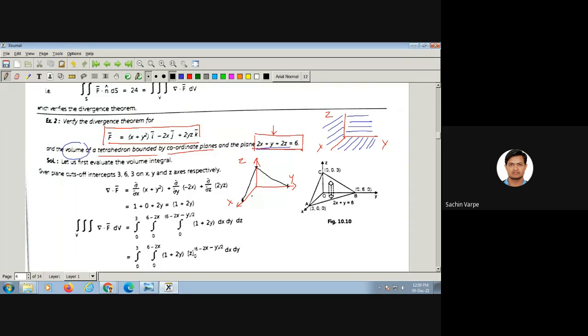Yes or no? Everyone please do reply. When this plane is cutting the xz plane, what will be the y coordinate along the xz plane? 0, no? So here the y coordinate is 0.